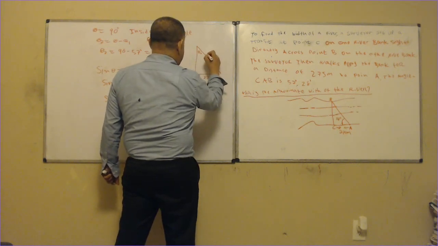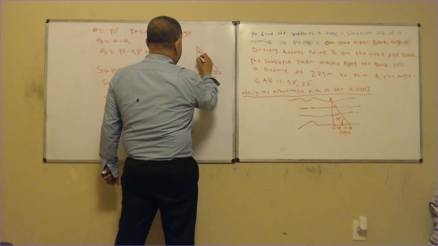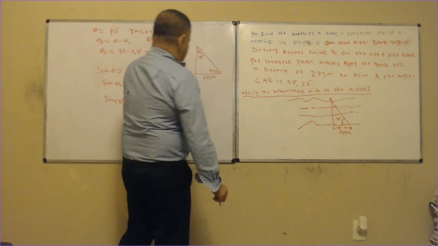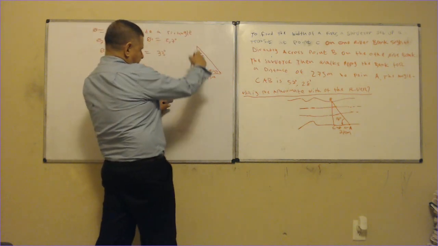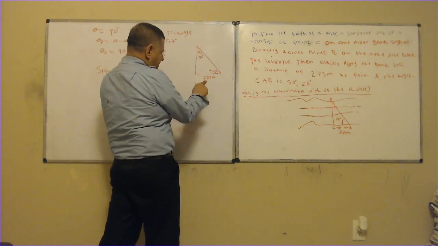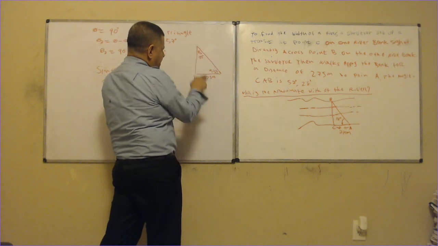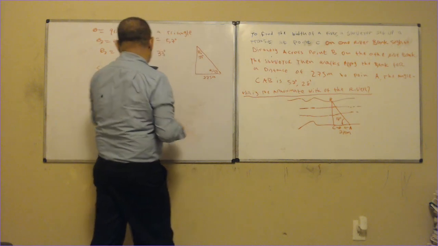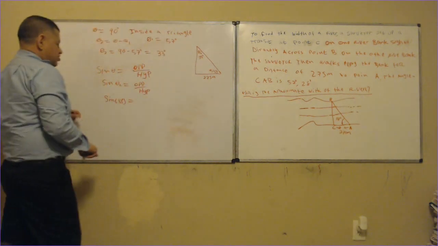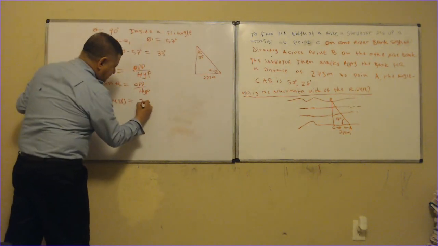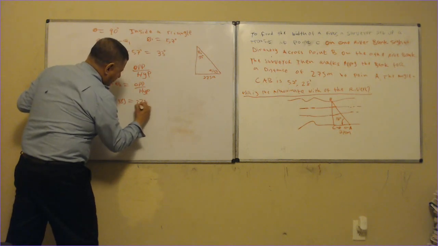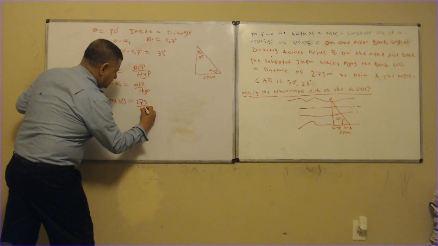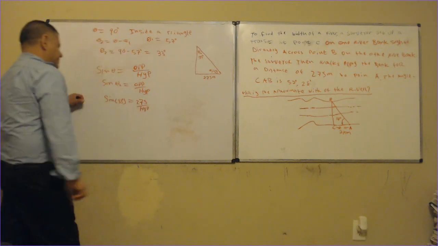And this guy right here is 33 degrees, right? Theta 2 is the opposite of this guy, so I can use sine, right? I don't know the hypotenuse. That's what I'm trying to find. So right here, I can say 275 over the hypotenuse, right?